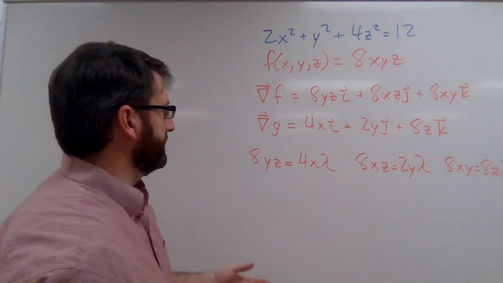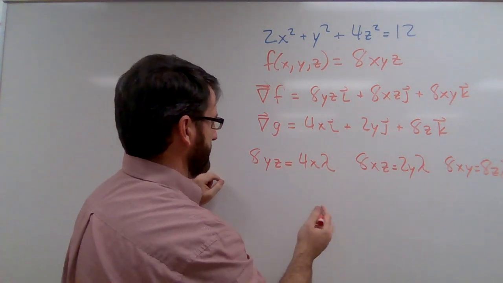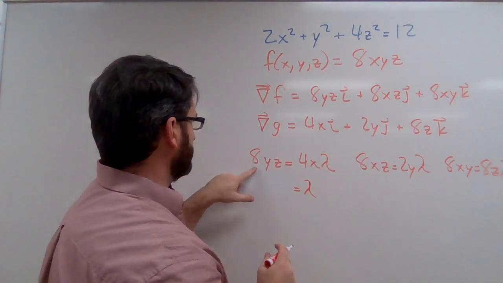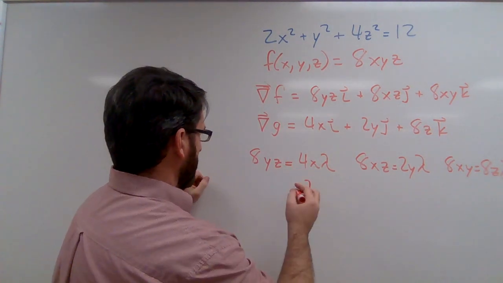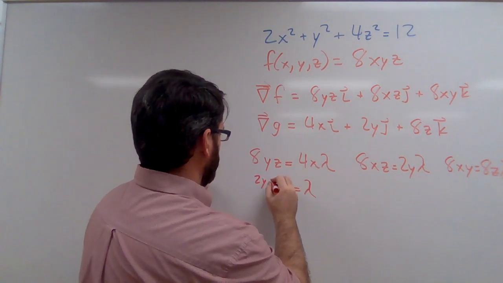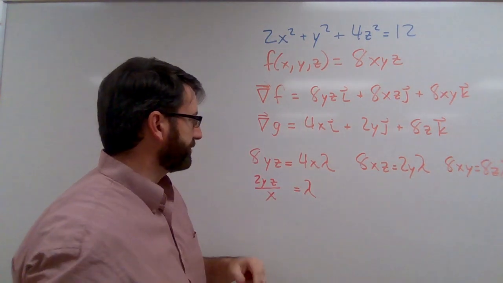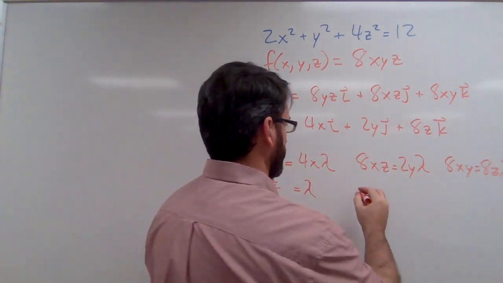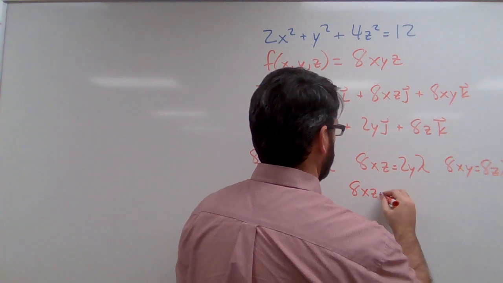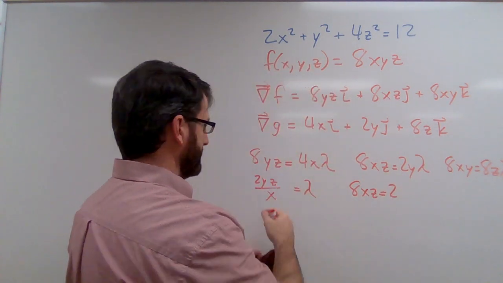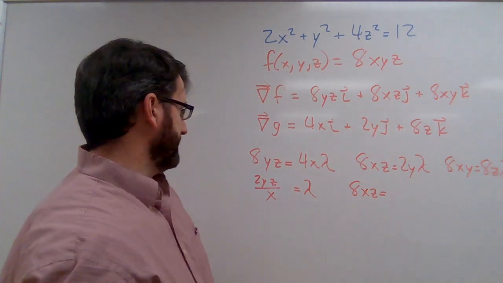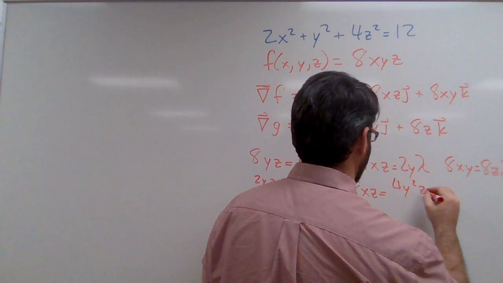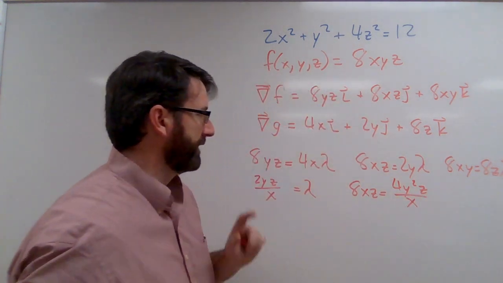Okay, so let's figure out what lambda is from the first equation. If we divide both sides by 4x, we get that lambda is equal to 8yz divided by 4x, which is 2yz over x. Now let's plug that lambda in over here. So we get 8xz is equal to 2y times all of this, which is 4y squared z over x.